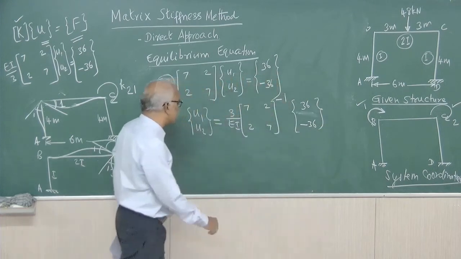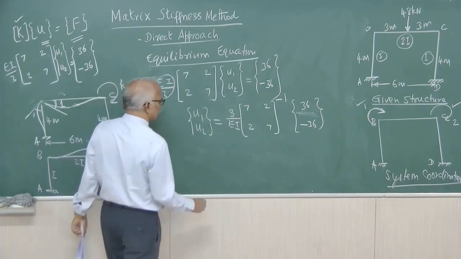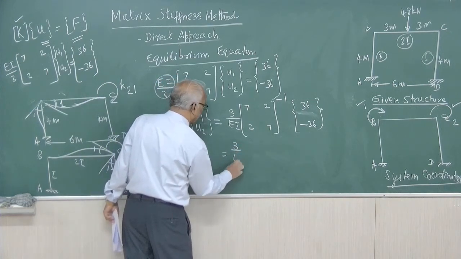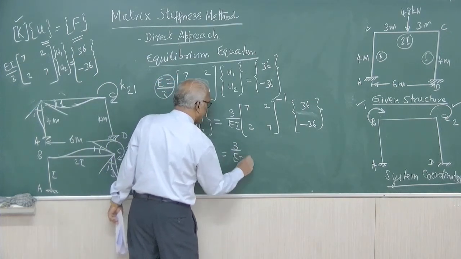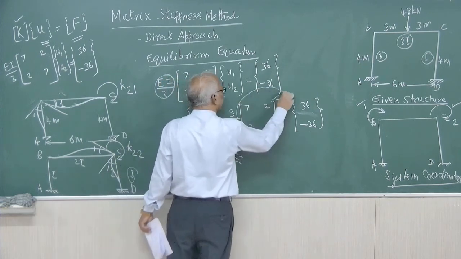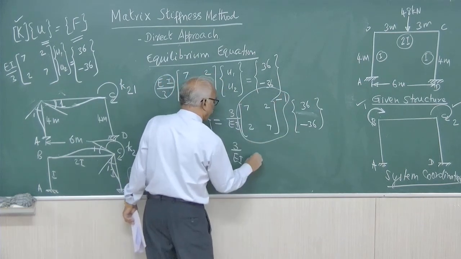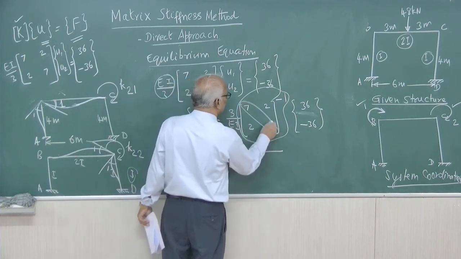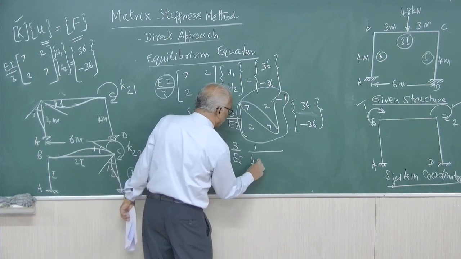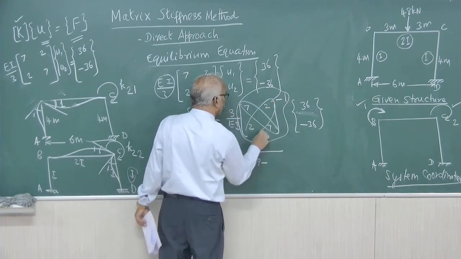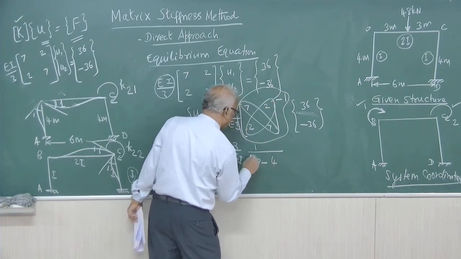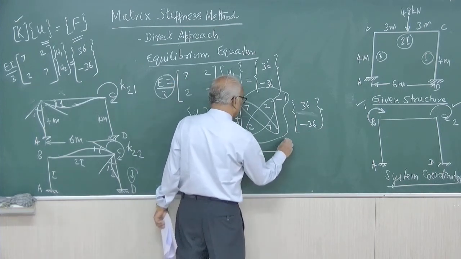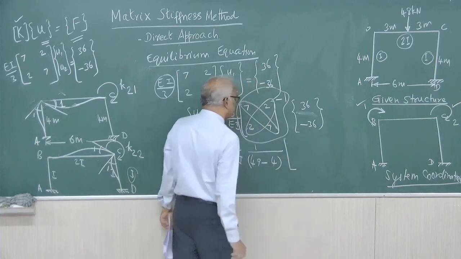On simplification, the inverse will be 1 by determinant. The determinant is 7 into 7, 49, minus 2 into 2, 4, so 49 minus 4, times the adjoint of the matrix.